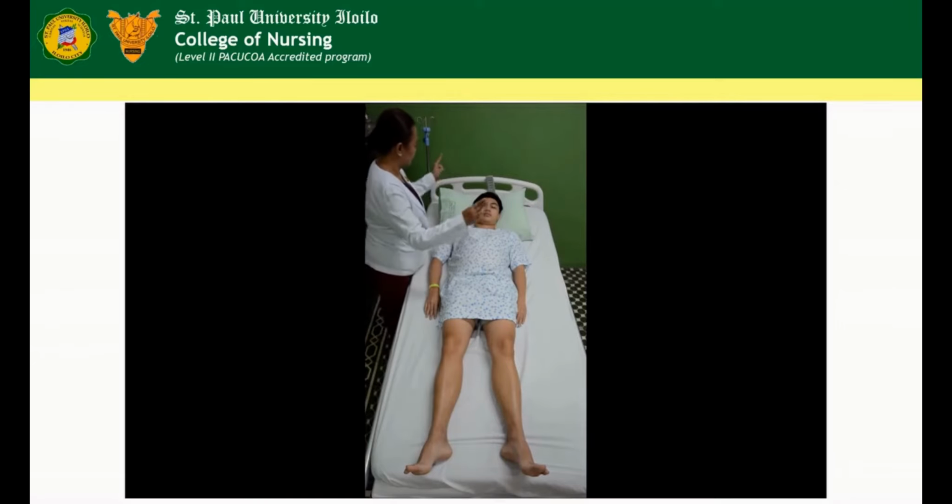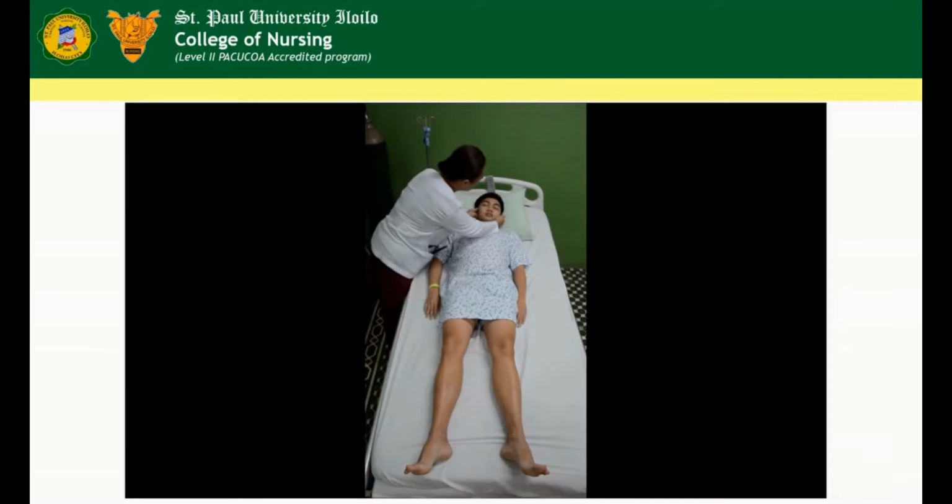Temporal pulse is anterior to the ear. Carotid pulse is at the right or left of the trachea, anterior to the sternocleidomastoid muscle. Palpate one at a time.